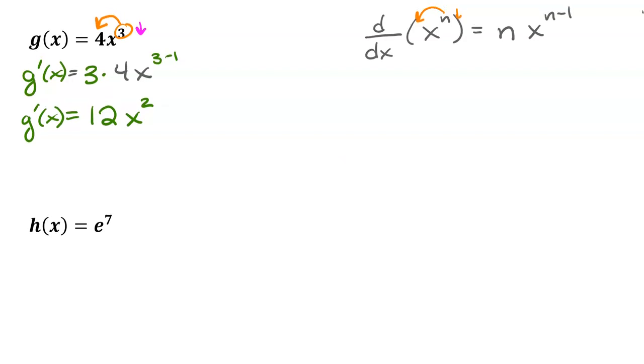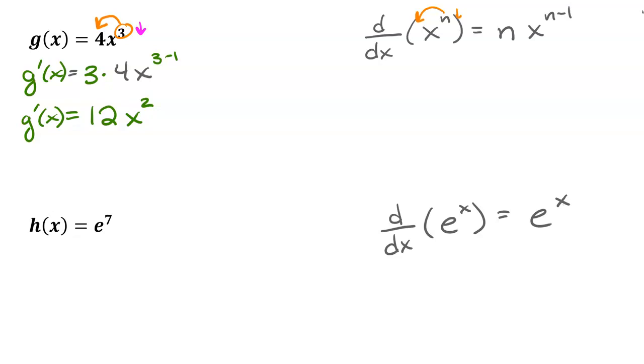The derivative for e. E is fun. Anytime you have e to any power, doesn't matter what, the derivative is the exact same thing. There's no weird tricks to e. What you see is what you get. No problems. Okay?